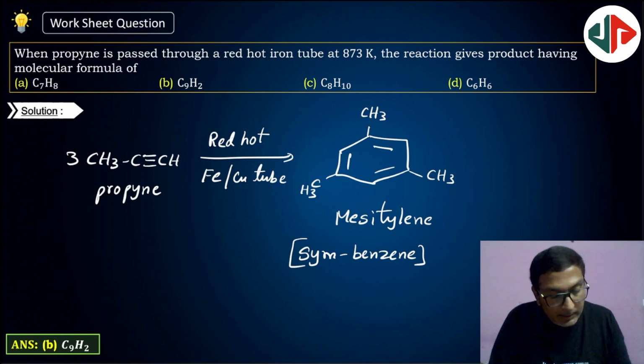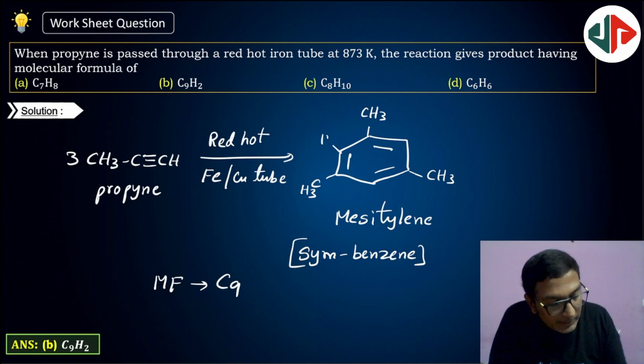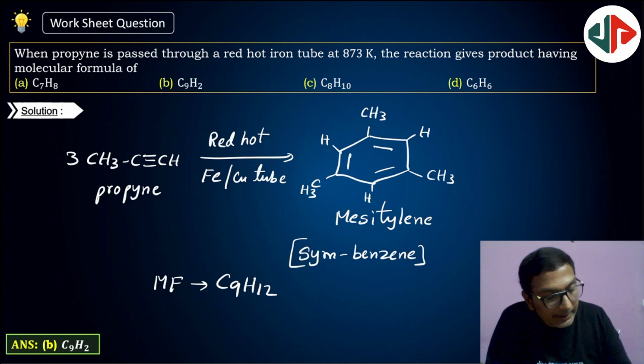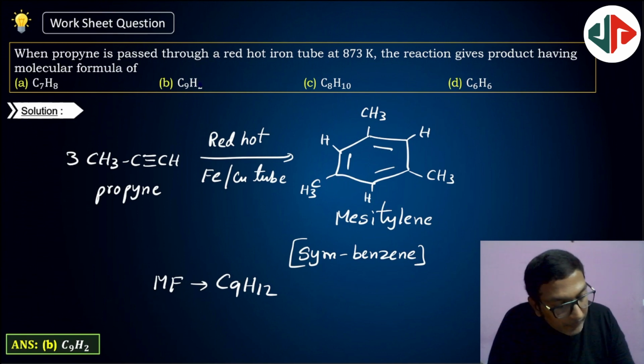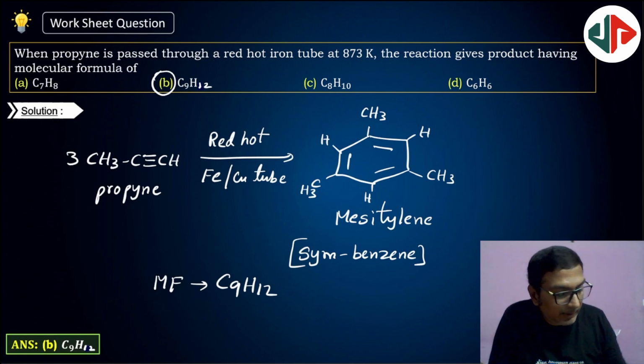So here the molecular formula: carbon atoms total 6 plus 3, 9; hydrogen atoms 3 times 3, 9, plus 3, H12. H12 must be there. C9H12. Very, very important. Therefore, option B, mesitylene. Next.